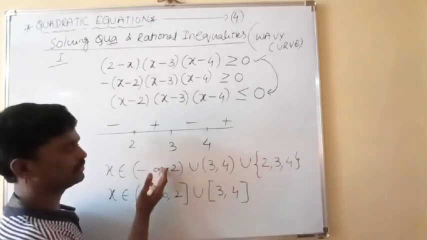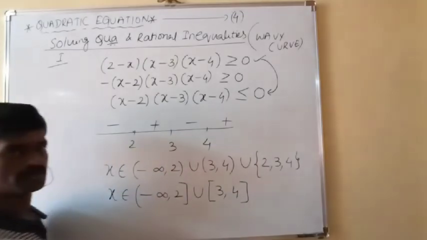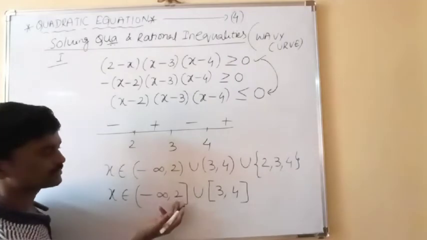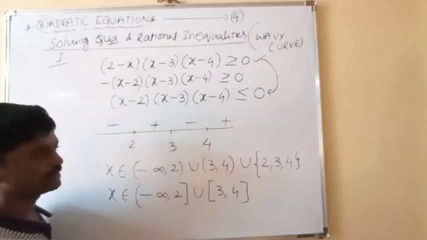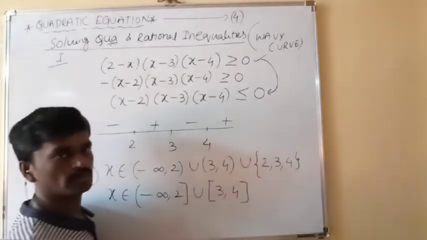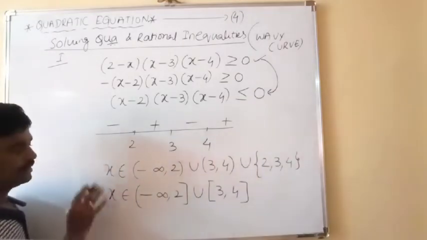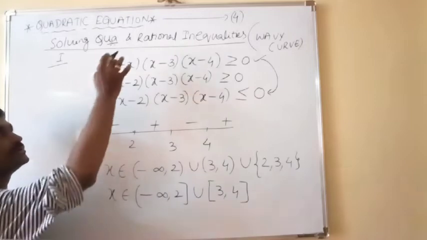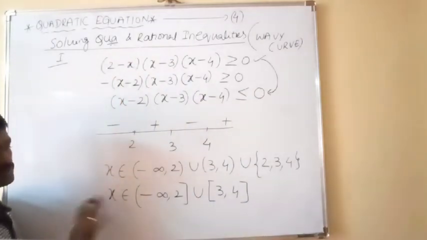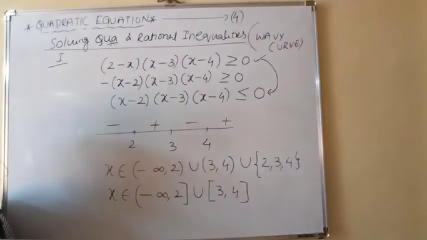Correct? Both sets are the same. Here 2 is not included, so I included 2 here and this open interval becomes closed, and 3 and 4 are included here, so this open interval becomes closed. So this is the solution set for the given inequality.